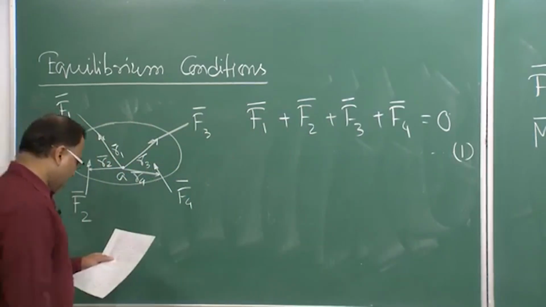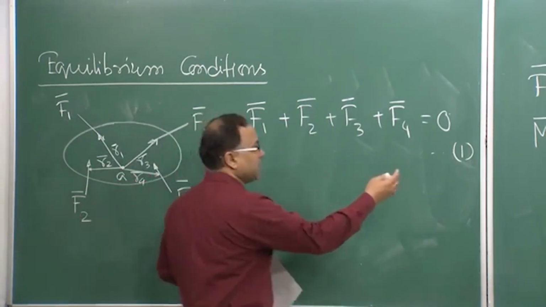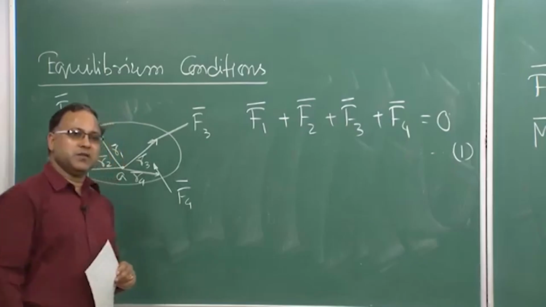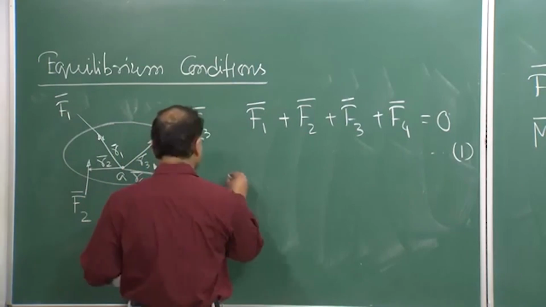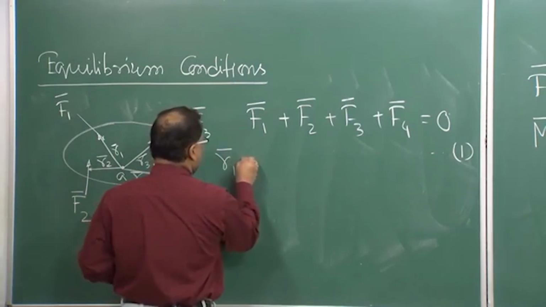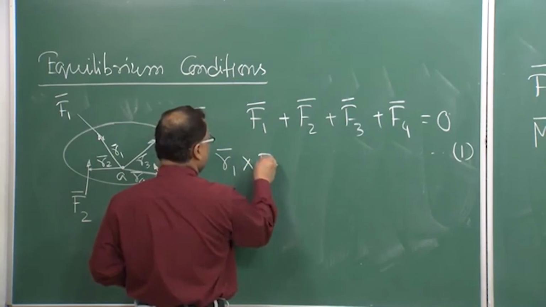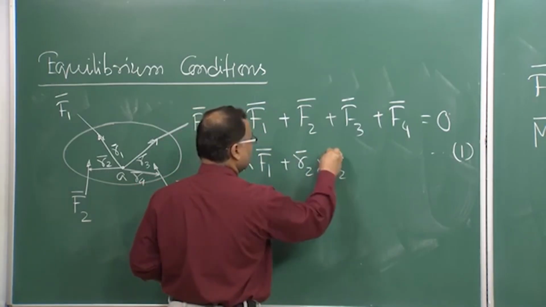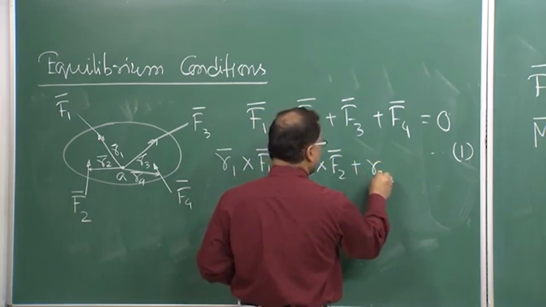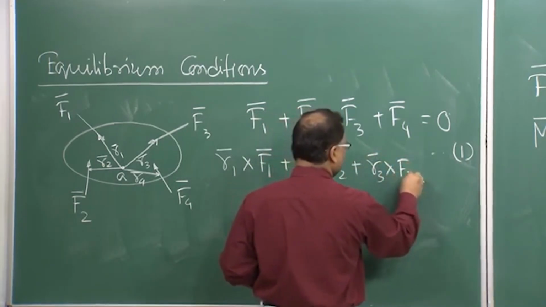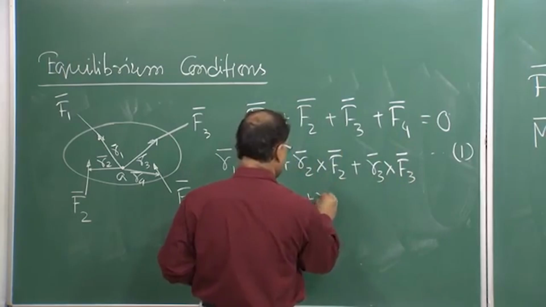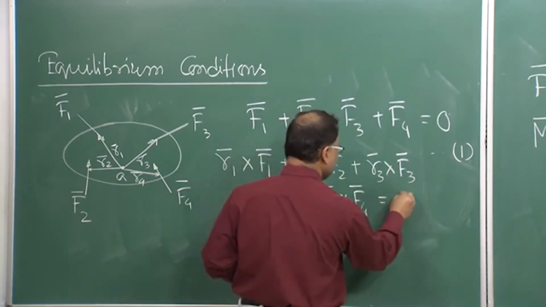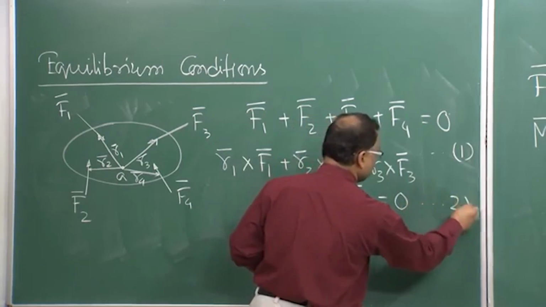Okay. Now, similarly my resultant moment is also 0 for the equilibrium condition. So, I can write R1 cross F1 plus R2 cross F2 plus R3 cross F3 plus R4 cross F4 must be 0, say equation 2.